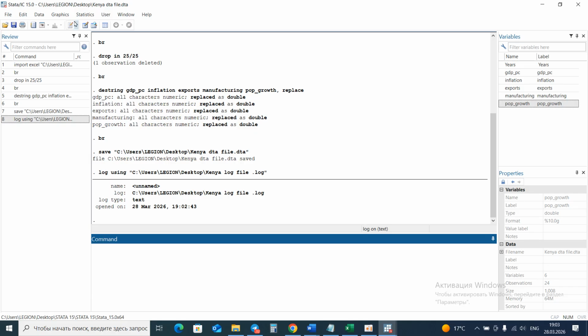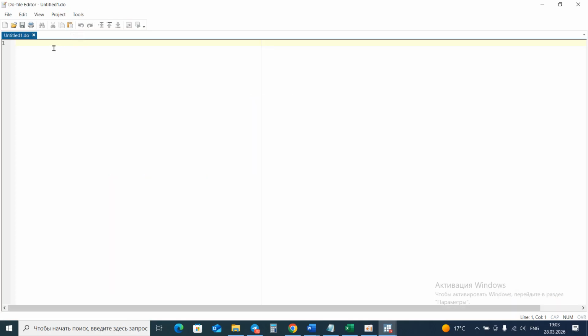So the next thing is opening a do file where we will write all our commands. I will first name it Determinants of economic growth in Kenya.